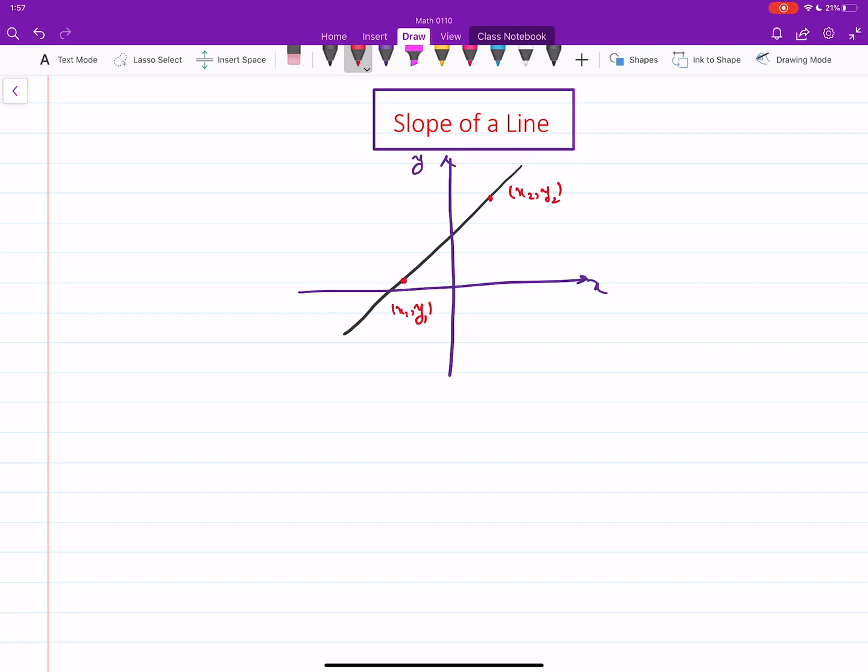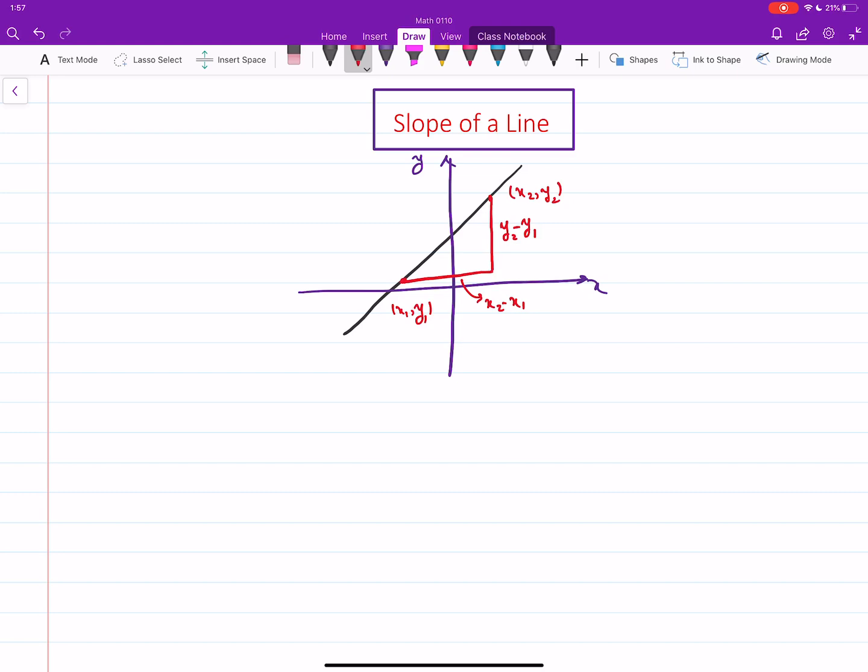What one can see is that if you find the ratio of the differences of y, in other words how far the line rises, to the differences of x's, so this is x2 minus x1.